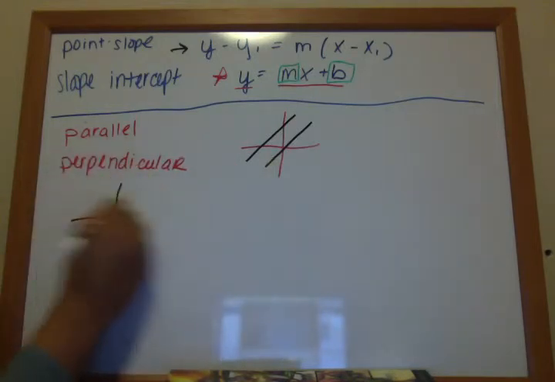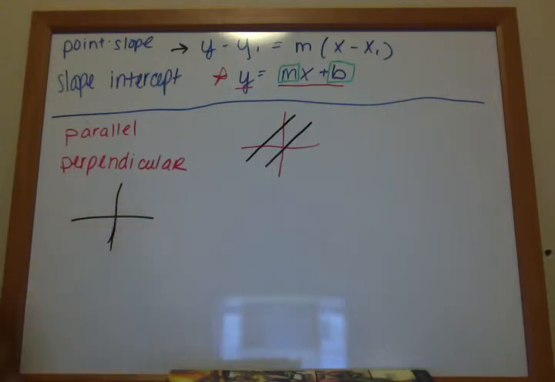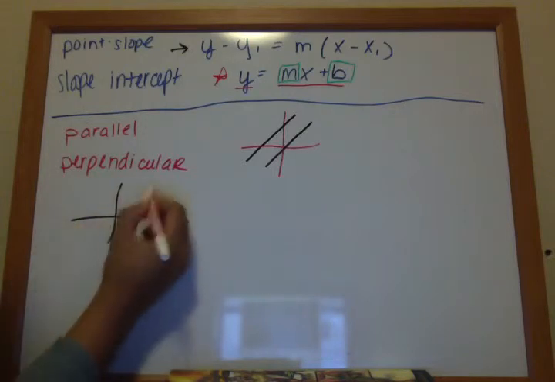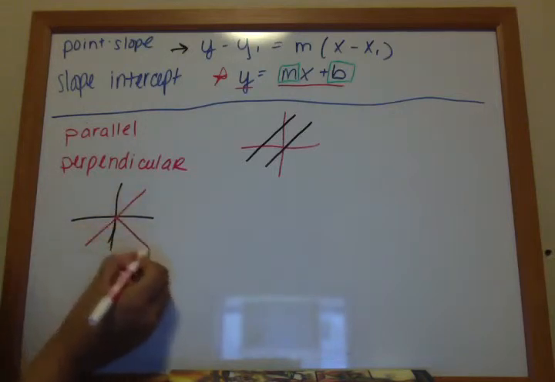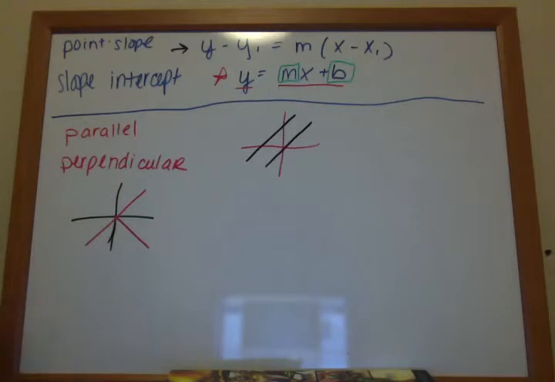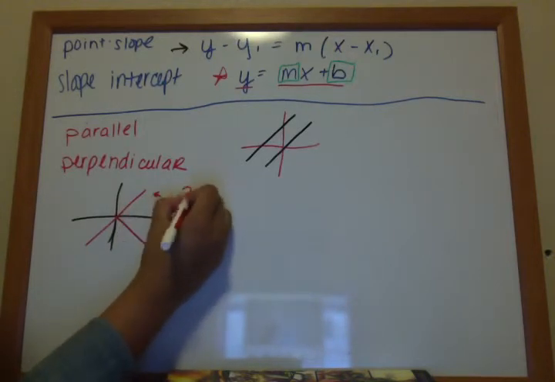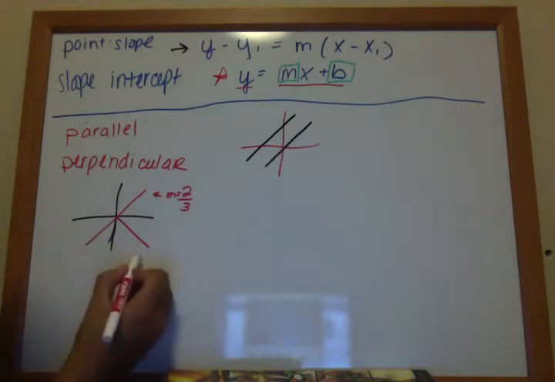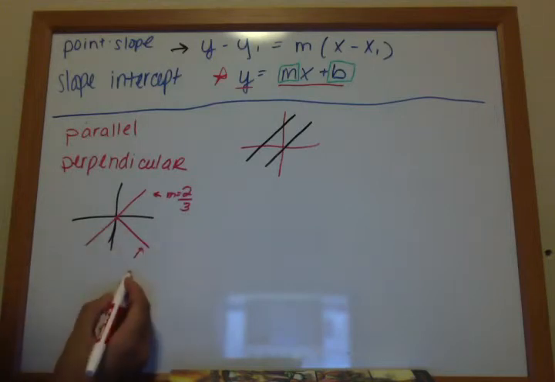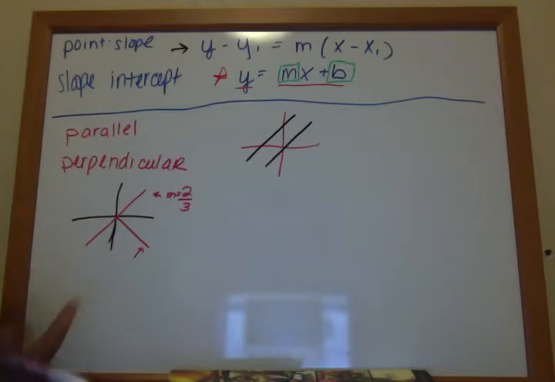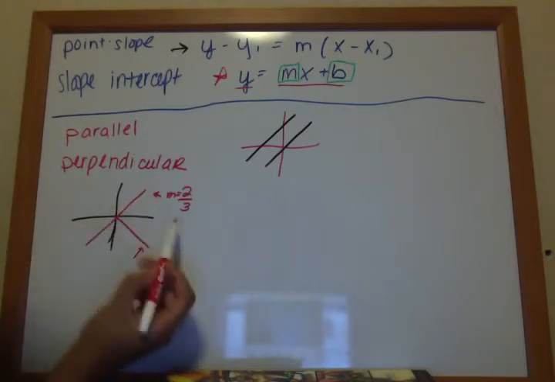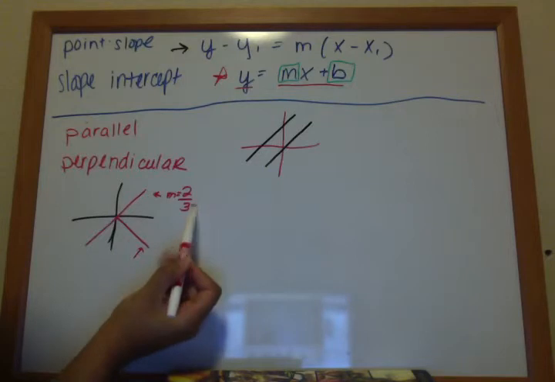Okay? So the other one is perpendicular, and I'll draw you a graph here. Perpendicular just means that maybe you'll have something looking like this. Alright? So a perpendicular slope, say that, for instance, the slope of this line is 2/3. To get the slope of the perpendicular line, you would do the negative reciprocal.